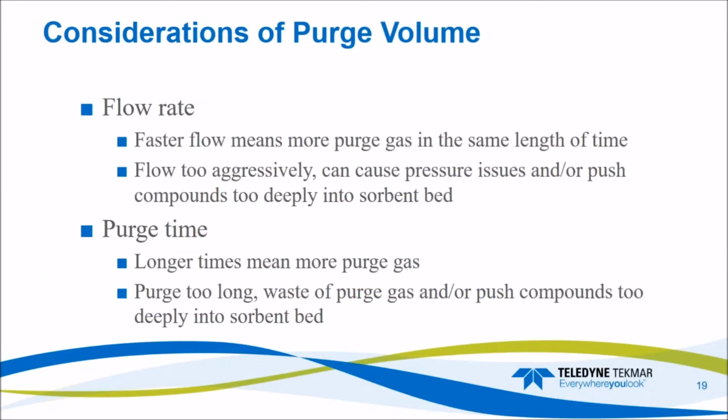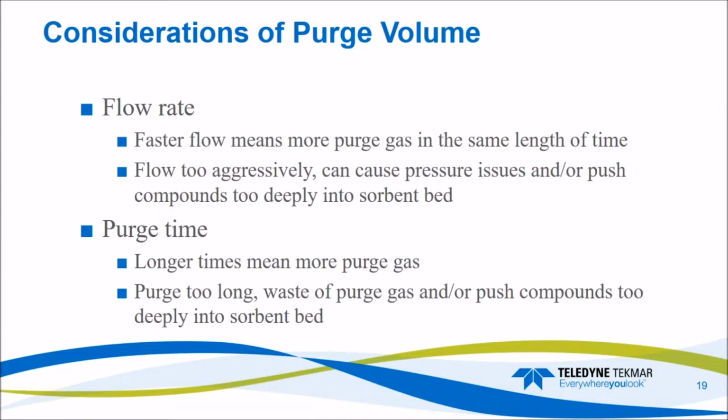Right. When considering purge volume, first we want to look at the flow rate. Basically, how many minutes or the amount of time we are purging and how fast, which would be the flow. A fast flow means more purge gas is used in the same amount of time, and a really aggressive flow can cause pressure issues or push compounds of interest deep into the sorbent bed of the trap.